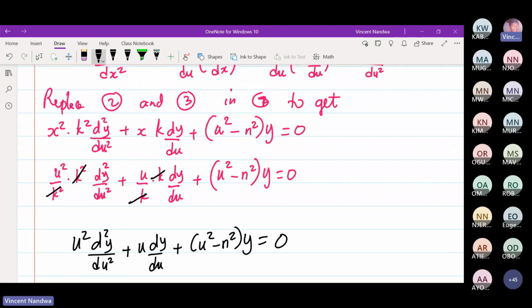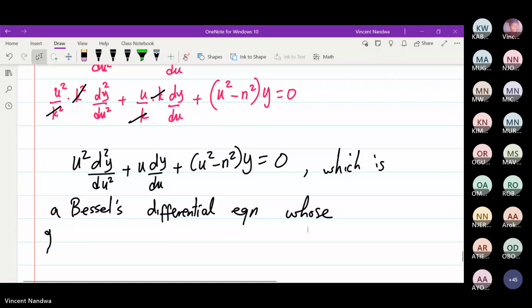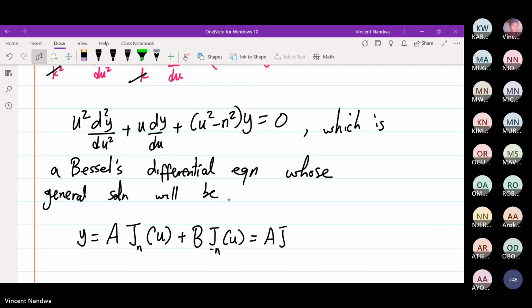This is a Bessel differential equation whose general solution will be y equals a J sub n, and remember it is now in terms of u, plus b J minus n, which is the same as a J n of kx plus b J minus n of kx, for non-integer n.